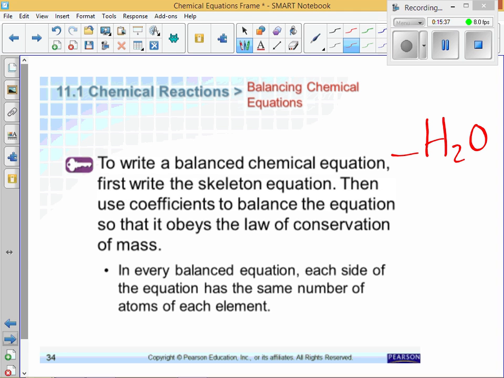You cannot change the subscripts. You can't change that. You can't change this invisible 1. It must stay water on its side of the equation. When it moves to the other side of the equation, you might have hydrogen 2 and oxygen 2, but you cannot change the subscripts on a molecule, or you're changing what type of molecule it is, okay?